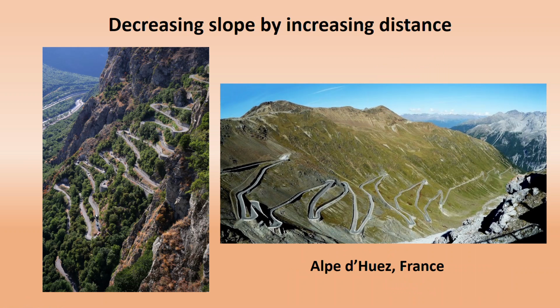There are slopes along this road that exceed 22% on some of those switchbacks, which is just incredibly steep. You and I would not be able to bike it without pushing, but pro cyclists, they can make it.